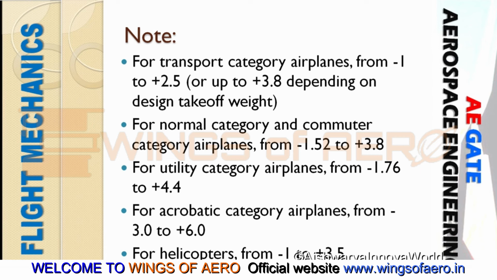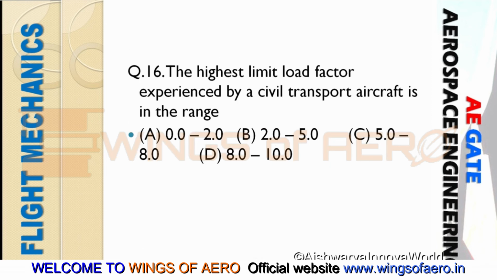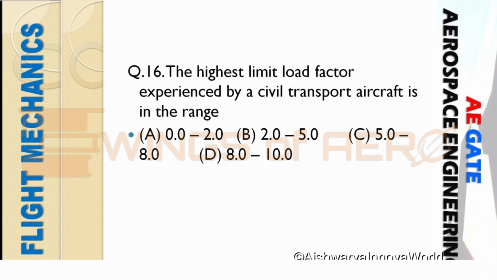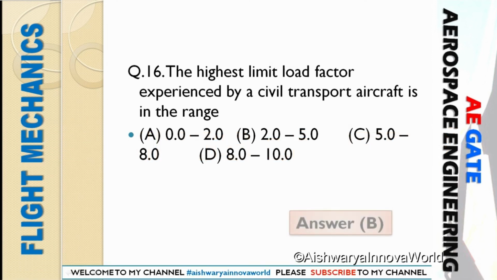This utility category also comes under the civilian transport category, which ranges from -1.76 to 4.4. Aerobatic is 3 to 6.0, and helicopter is up to 3.5. So from these categories we can judge that the right option will be option B, which ranges from 2 to 5. So the right option is option B.